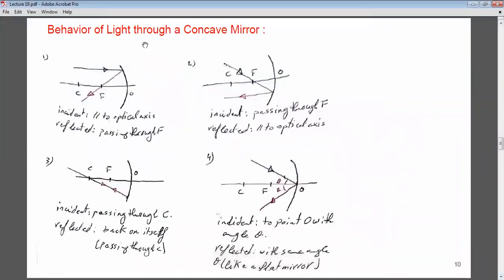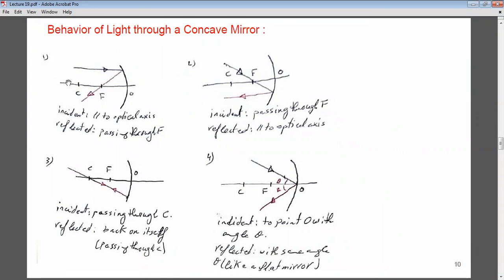Now, how does the light behave on a concave mirror? We will focus on 4 cases here. So we have a concave mirror that has a center. This is the center of the sphere. In all cases, there is C. This is O, the optical center, remember? And there is F, which is at R over 2.